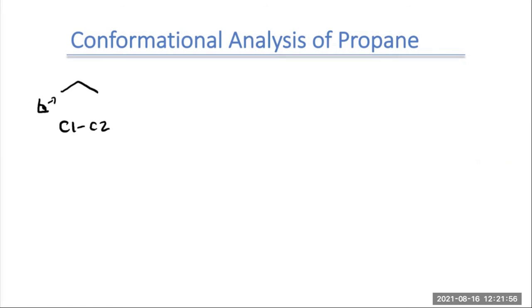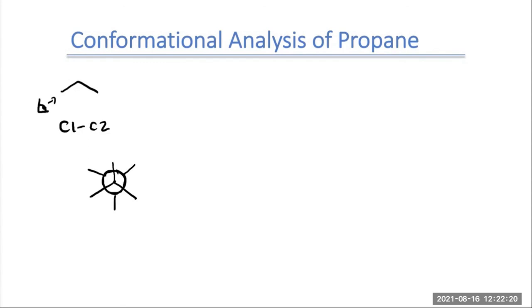So what that means is my carbon in front, that little dot, that's C1. Here's the hydrogens coming off of C1. That big circle in the back that we just drew, that's C2. Here's my bonds coming off of C2. I know I have to have 3 bonds.